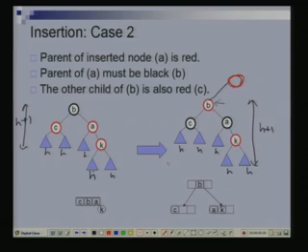And now you see why I had these subtrees hanging out of here. When this moves one level up, this will be one subtree hanging from here, and this would be the other subtree hanging from here.